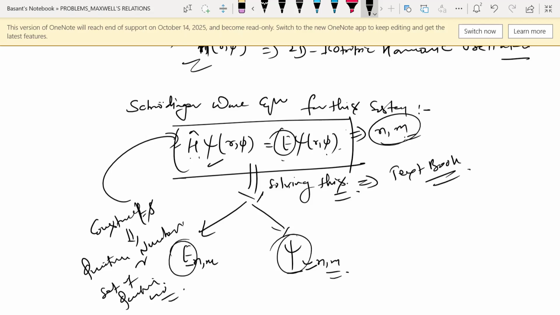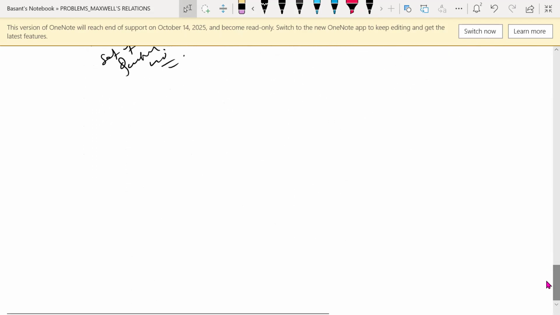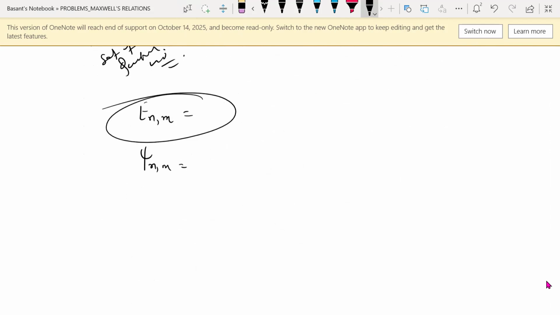So this is the output for energy and wave function also. Hence, up to this point, it is clear that the energy of the system contains n and m, and also the wave function contains n and m. So first of all, we look at the energy term.